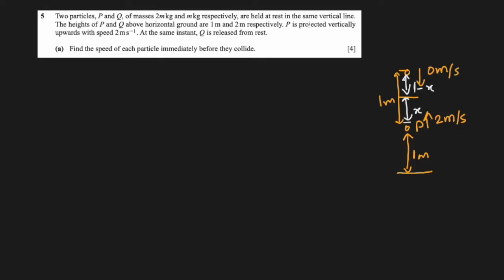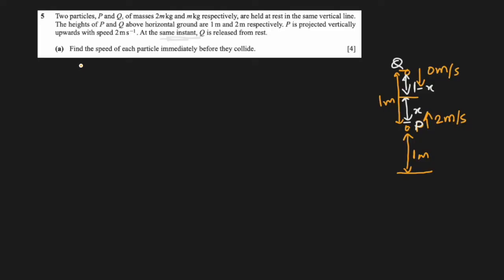Since they are simultaneously released, at the same time, they collide somewhere here. That means this travel of 1 minus x by Q is the same as x by P, but the time is exactly the same for both.